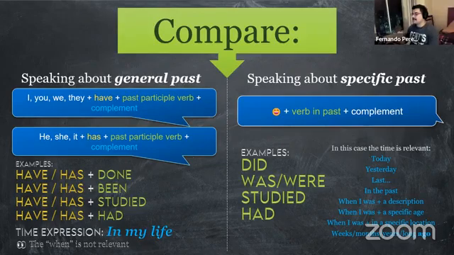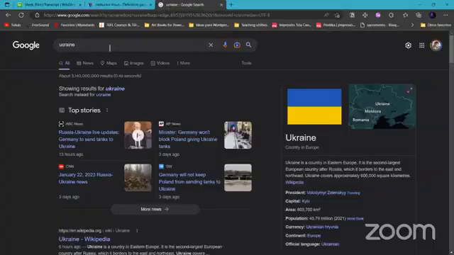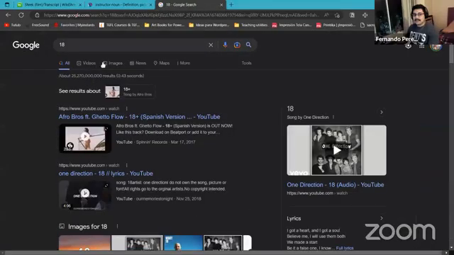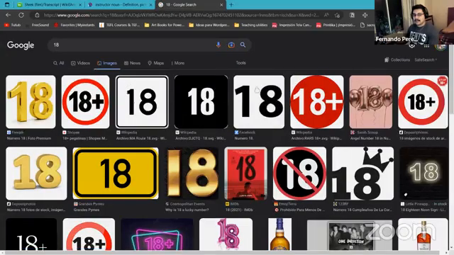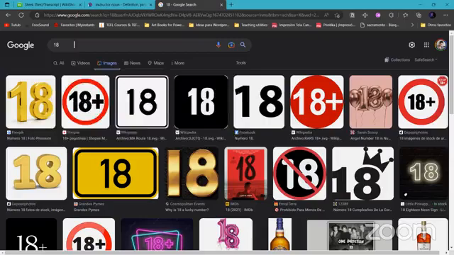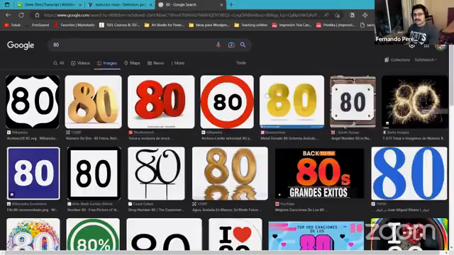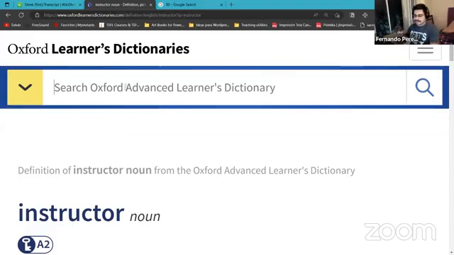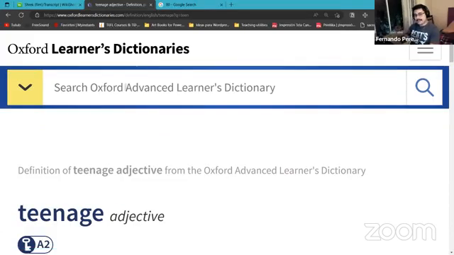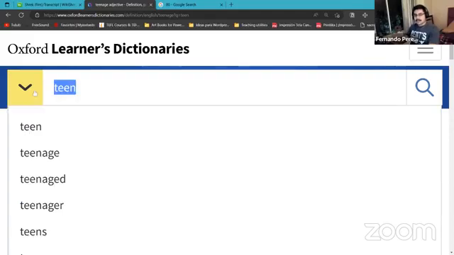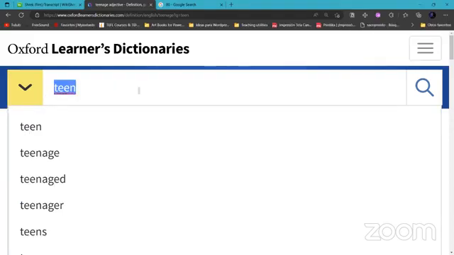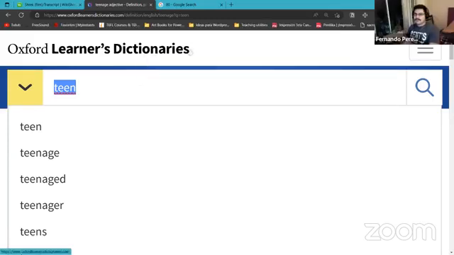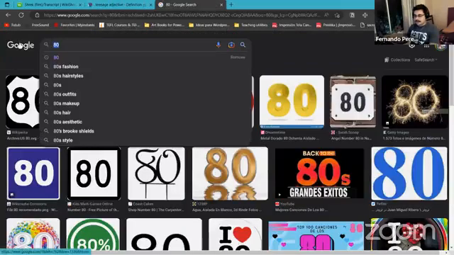I don't think so. This is the revolution time. You said 18. How do you say this? This is 18. Okay. Check this out. A little tip. If you finish in teen, like this, it is the 10s: 13, 14, 15, teenager.